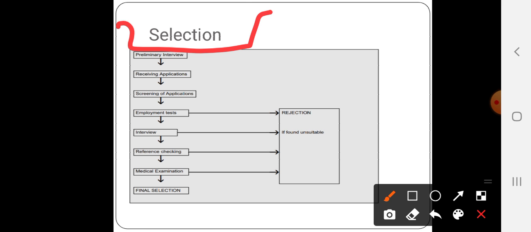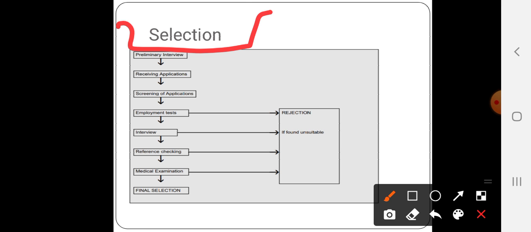Wherever there is a requirement of filling any vacancy, what the HR department does is they start collecting applications from the people, and they take different rounds, so that they are able to find the most qualified person for the vacancies. So they start finding the right person for the right job, and they select the most appropriate person. That is what selection means.